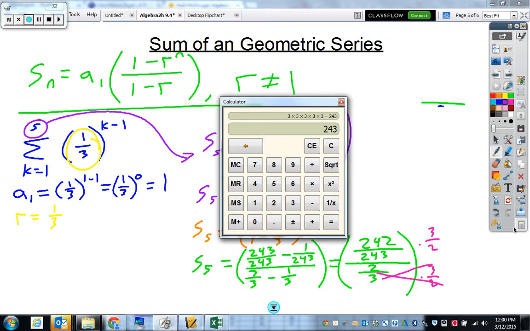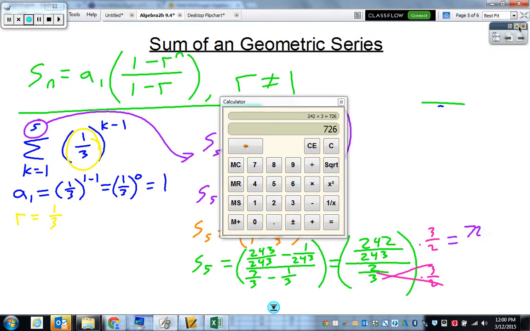Well, I have 2 on the bottom, so we'll say 242 times 3 equals 726 over 243 times 2, which is 486.